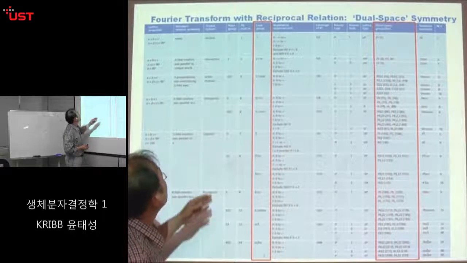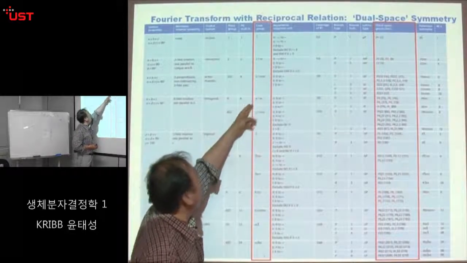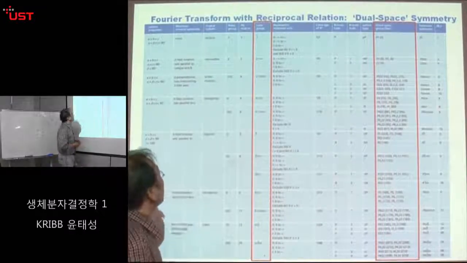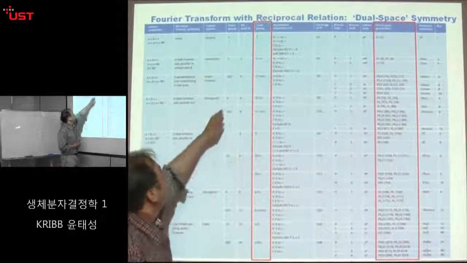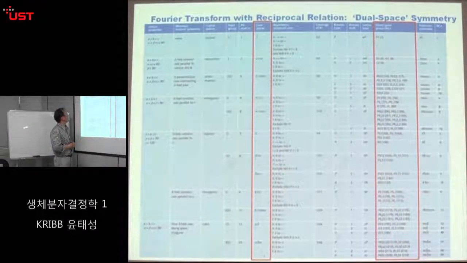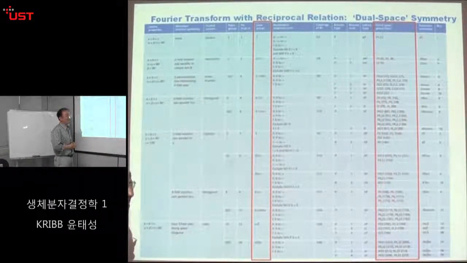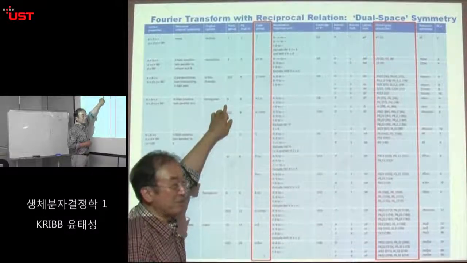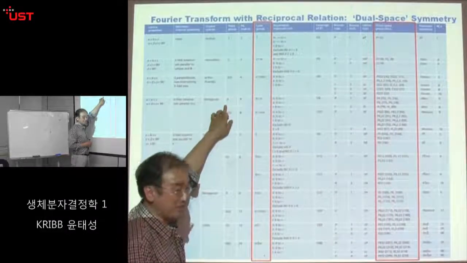Here, 4 over m, or simply 4, what does number 4 or symbol 4 mean? 4 is the four-fold rotation. Yes, correct. So, symbol 4 is not number 4 in mathematics.